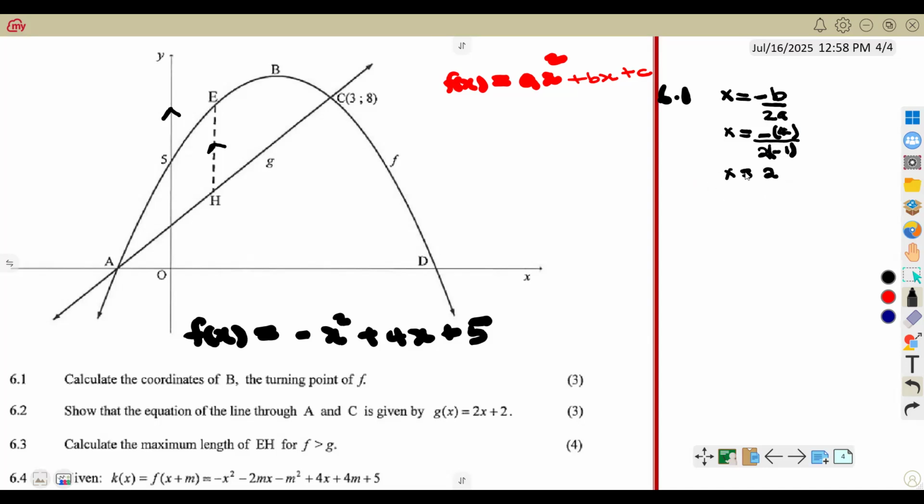Once you get the value of x, substitute it in the original equation to get the corresponding y value.